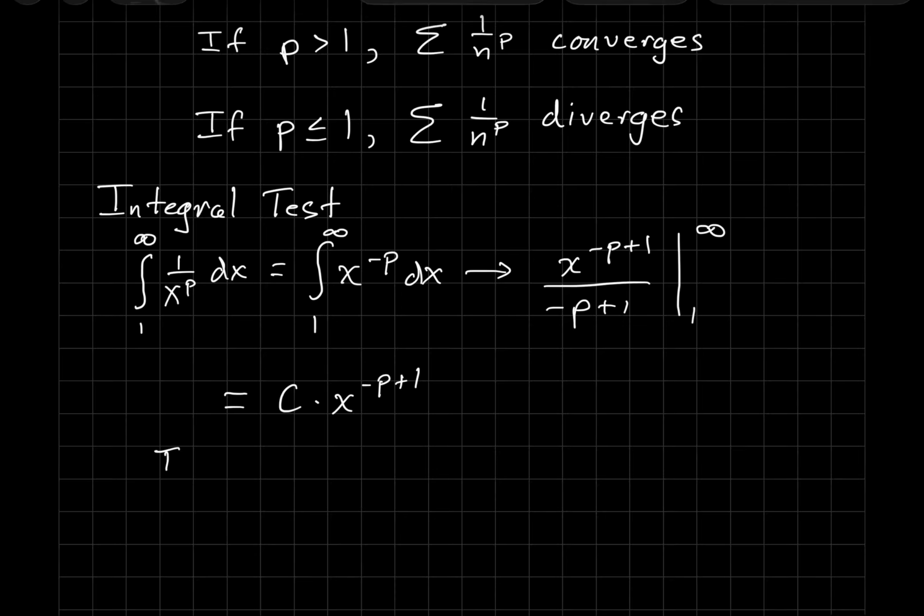So what if my original power is greater than 1? Well, if the original power is greater than 1, then negative p plus 1 is still negative. Which means I could write the antiderivative as c over x to some positive power.